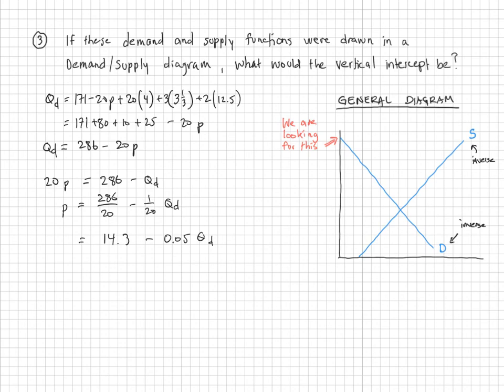All right, so we were looking for the intercept. So clearly you can see here that this is the intercept. The point in this diagram I'm drawing right now would be 14.3, and the slope of the demand curve would be negative 0.05. All right, that solves this problem. Thank you very much.